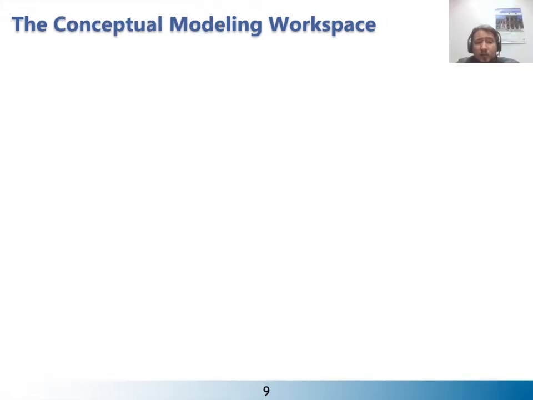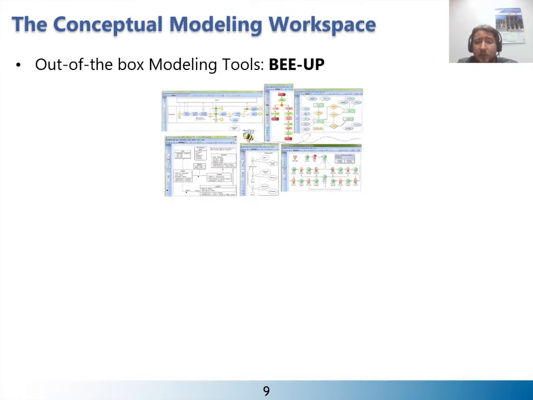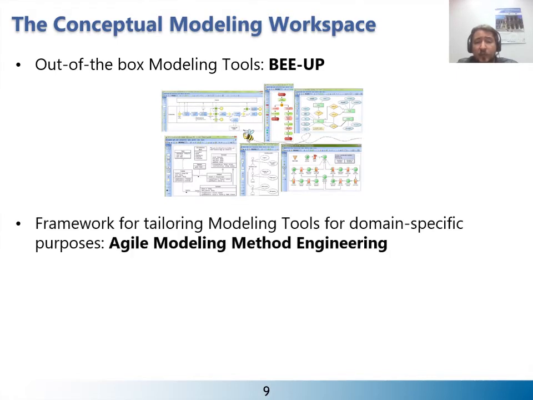The second workspace has two key assets. On one hand, out-of-the-box modeling support is provided in the BIAP tool, where the business ideas developed in the first workspace can be refined and translated here into conceptual models. On the other hand, a framework for tailoring modeling tools for domain-specific purposes is provided.